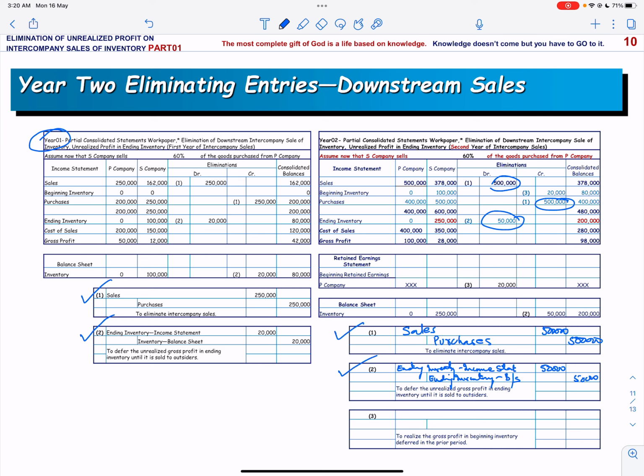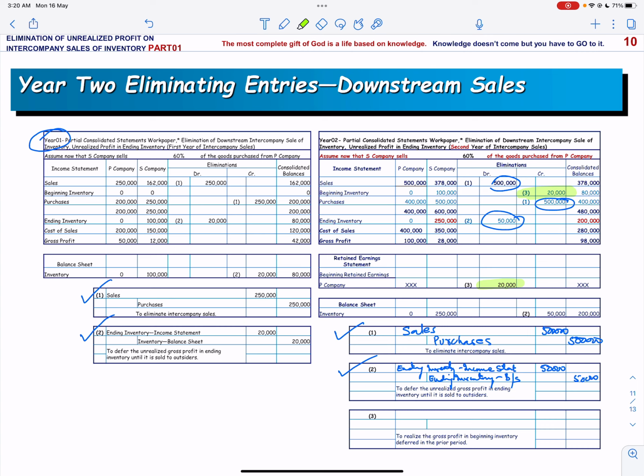The difference is for number 3, and in number 3 we have to eliminate the intercompany profit that is there in the beginning inventory, as well as we are going to bring in the beginning retained earning P company for the debit.